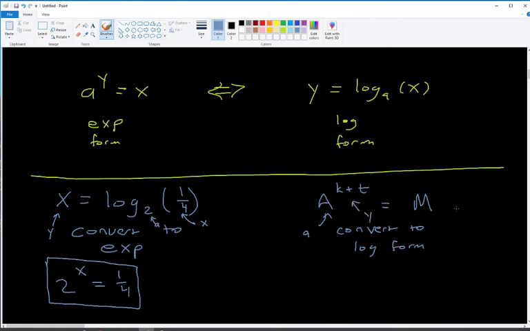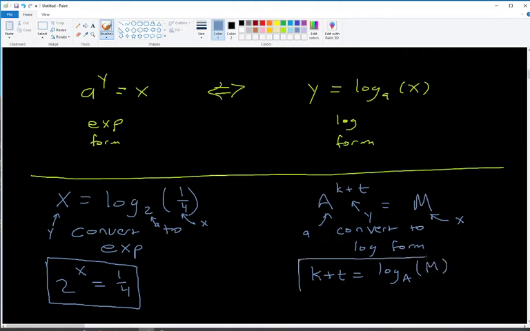And x is the stuff by itself on the other side of the equal, so the m is acting as x. So I identified who's a, y, and x, and now I need to write them over here in the logarithmic form. The logarithmic form is y equals, so y is actually k plus t in our equation, equals log base a, which is capital A, of x. X is acting as m.